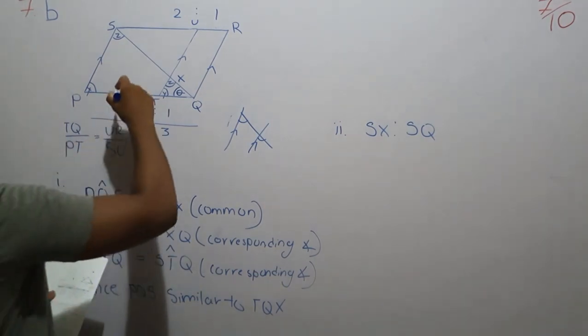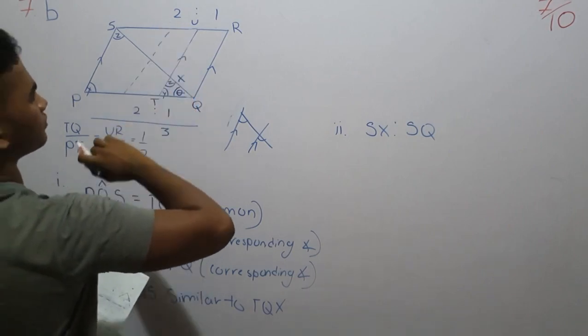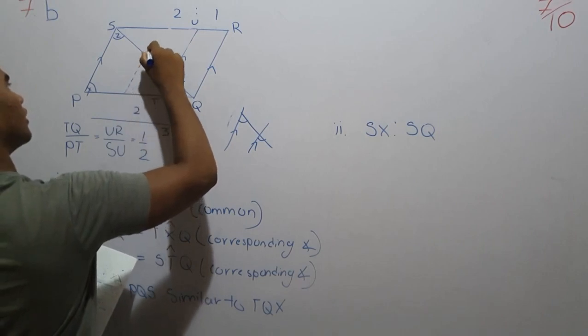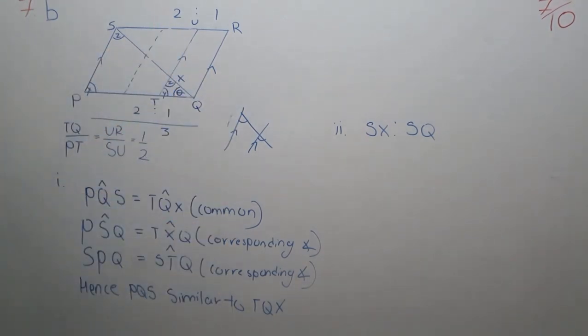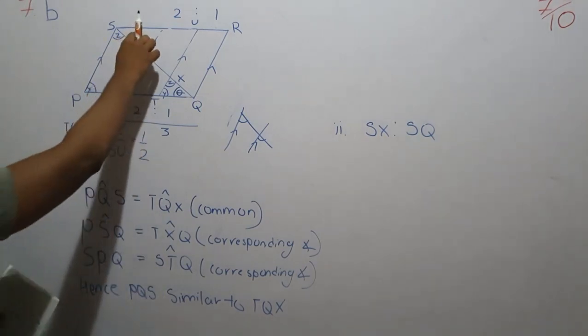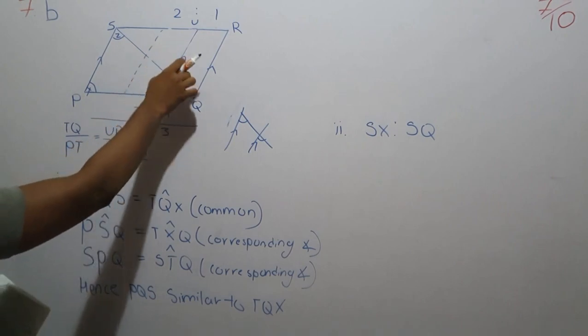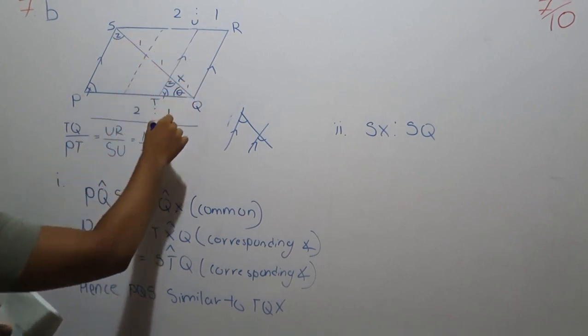Now if I draw a dotted line like this, exactly from the center, a dotted line which is parallel to the other lines. Now you can see again it divides into equal 3 parts, right? So this is 1 part and another 1 part and another 1 part.